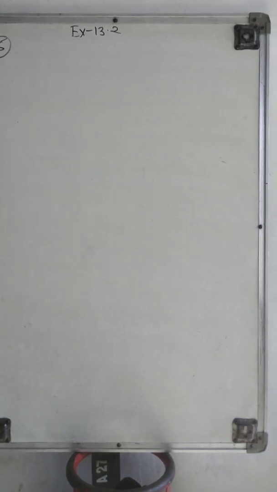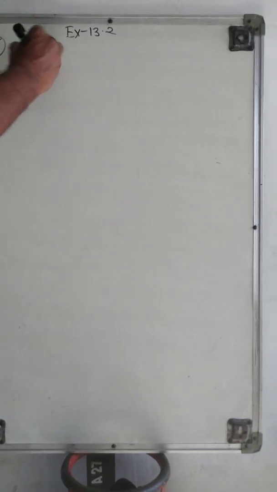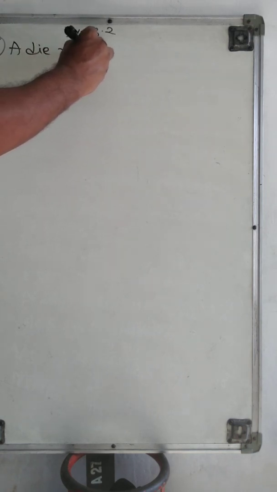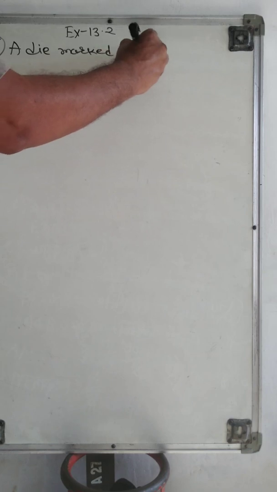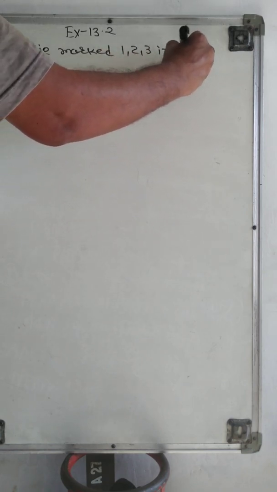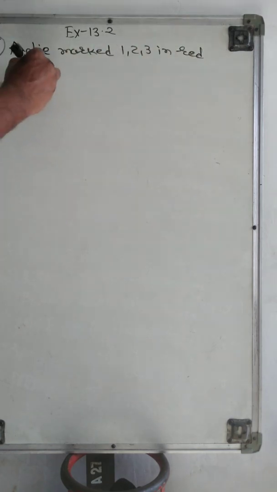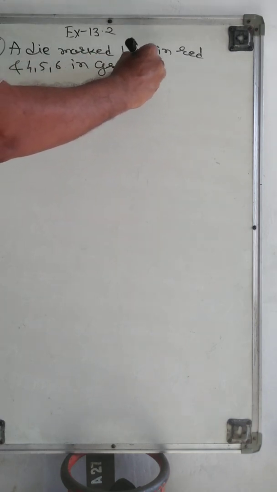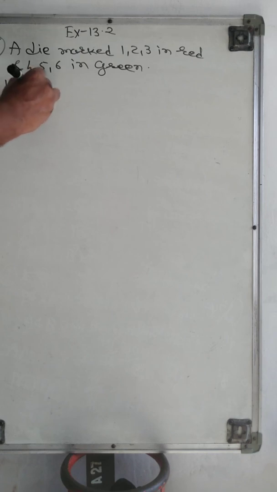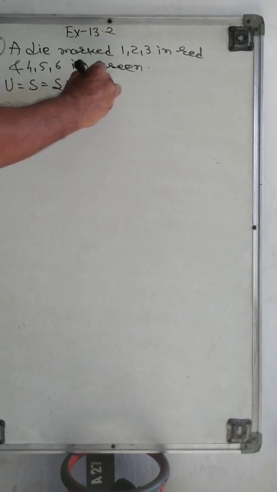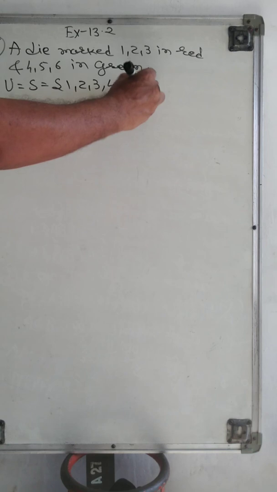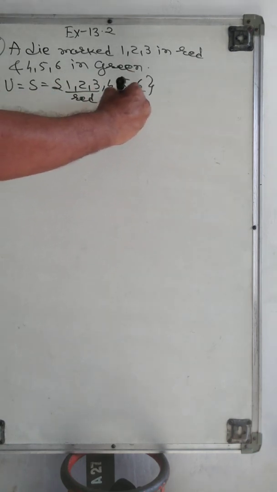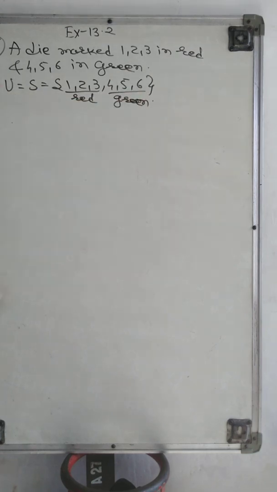Here the total sample space S is 1, 2, 3, 4, 5 and 6, in which these 3 are red and these 3 are green.